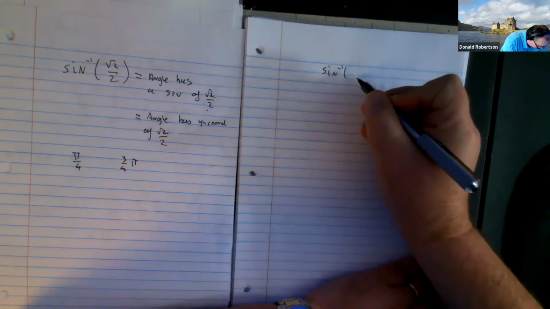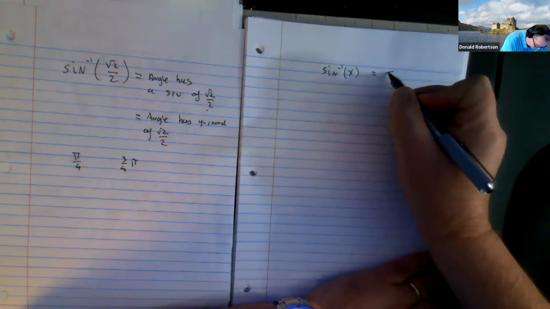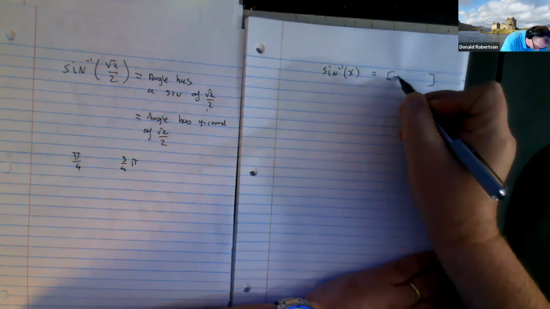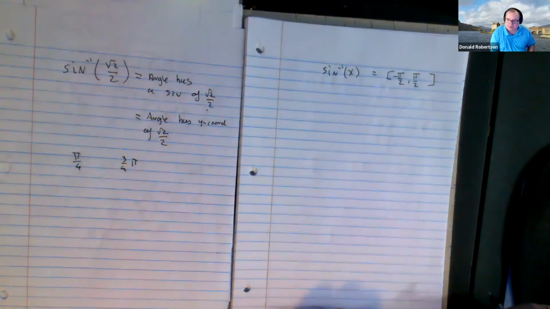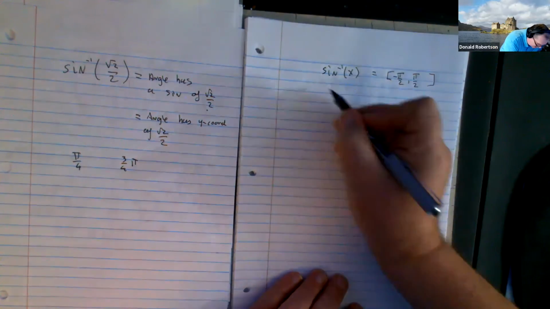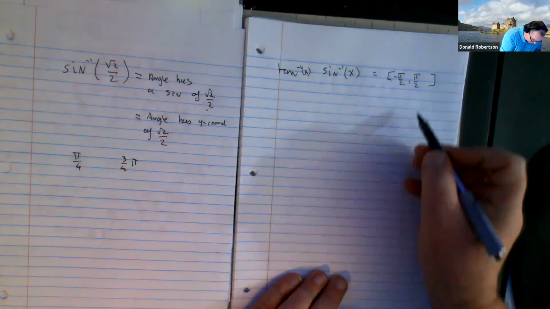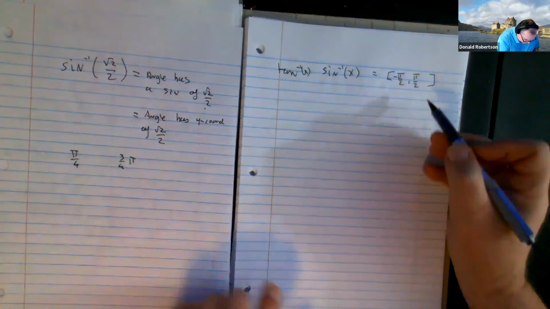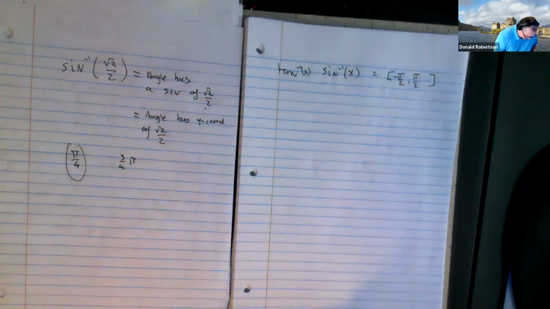The inverse sine function can only use answers in the range negative pi upon 2 to pi upon 2, and that's also for the inverse tan function. So if you've got 2 choices, you must pick the one that's in this range, and that makes it pi upon 4.